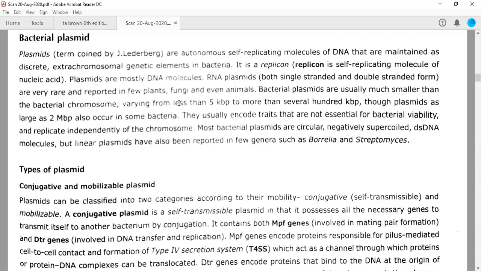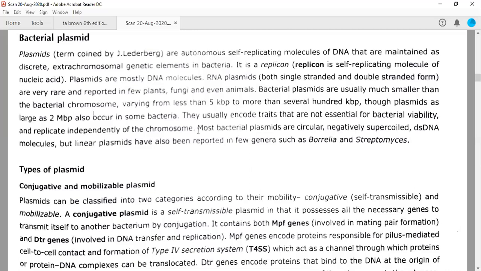So generally they are double-stranded DNA, and they usually encode traits that are not essential for bacterial viability and replicate independently of the chromosome. The genes which are responsible for viability, or which are essential for survival, are generally found in the bacterial chromosome in the nucleoid region.